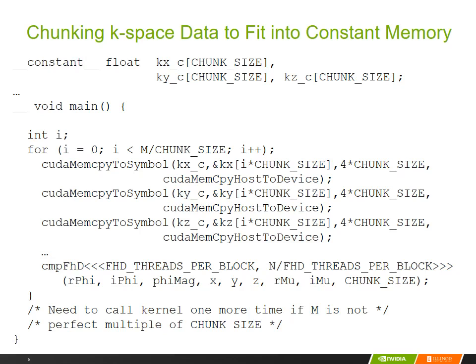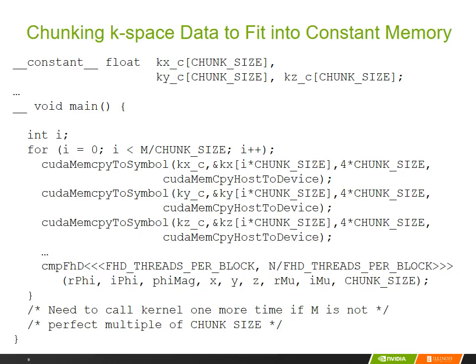We're going to declare the constant memory versions of kx, ky, and kz that we are showing at the top of the slide. Remember that the constant memory is smaller, and so we cannot accommodate the entire k-space sample arrays into the constant memory. So we need to take chunks.